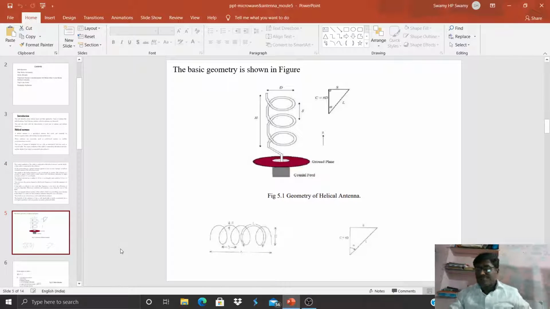The axial mode helical antenna has this geometry.